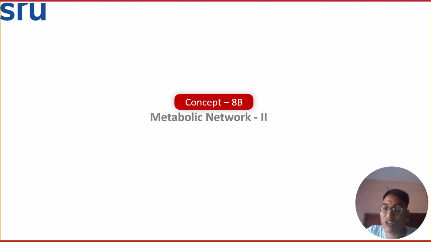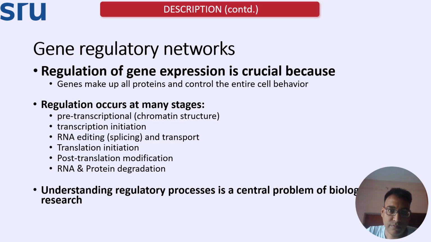Only the required amount of product is formed under the given circumstances, and the system does not waste even a single molecule of energy. Now see, the gene regulatory network is very crucial for an entire cell because it is precisely regulating the metabolic control of all the different enzymes in the cell.